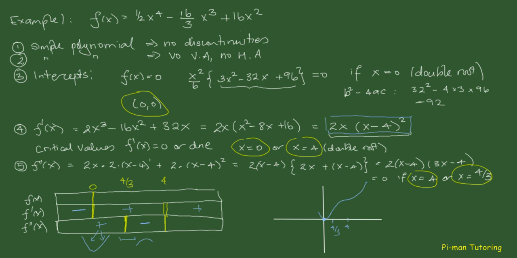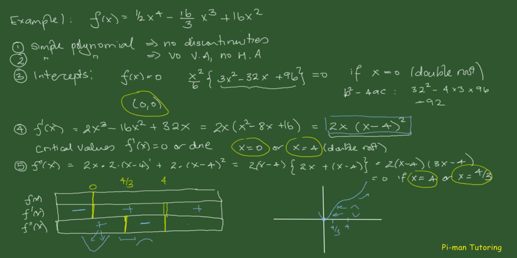So we came out of here with concavity upwards, and at 4/3 the concavity is now downwards as this curve is turning the corner, and then at 4 we can see that the curve is heading up again, so we might expect this to be positive.